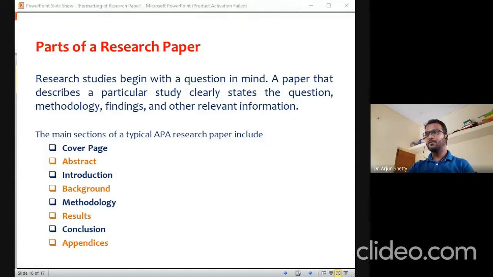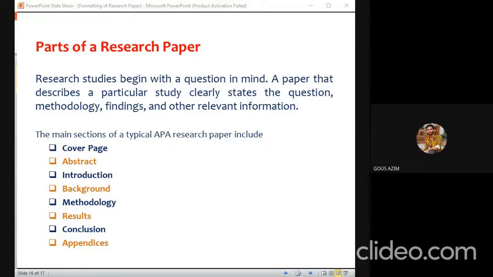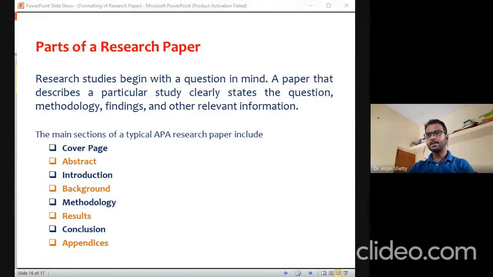Am I audible, guys? Yes, sir. So the first thing is the cover page. The main sections: a typical APA, American Psychological Association, or MLA, Chicago, Turabian, and AMA.